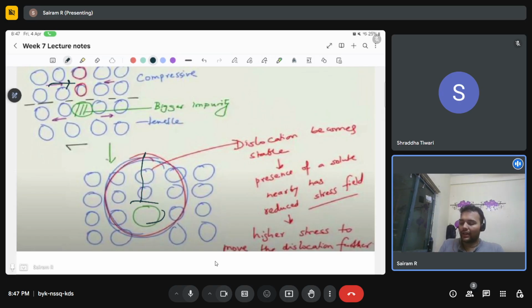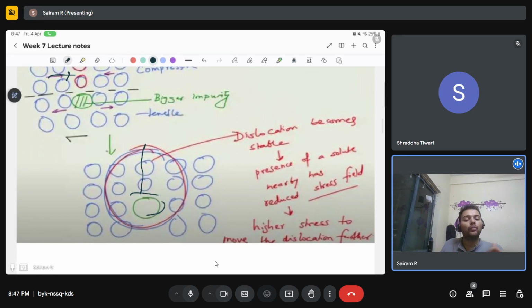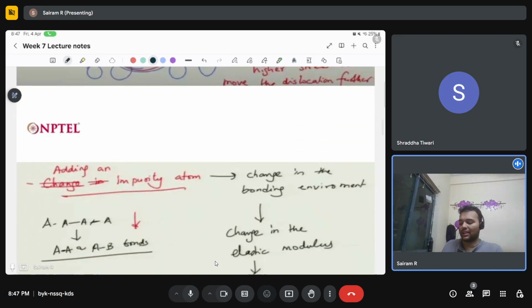So in the case where it was initially strained because of the solute atoms, now my dislocations have interacted with my strained solute, and it has somehow formed a very stable dislocation. So for me to be able to move this very stable dislocation is going to cost me a lot more stress, right?